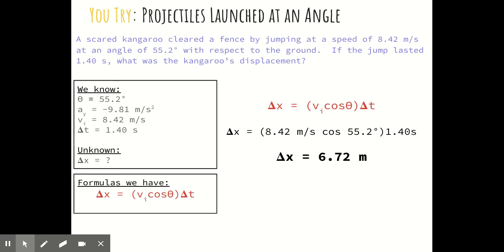That was a little bit shorter than other lessons have been. I don't think this is super difficult, but it can be tedious getting through the formulas and making sure not to lose anything anywhere. Some things to remember: acceleration should always be negative 9.81, and you can use multiple formulas if you need to.